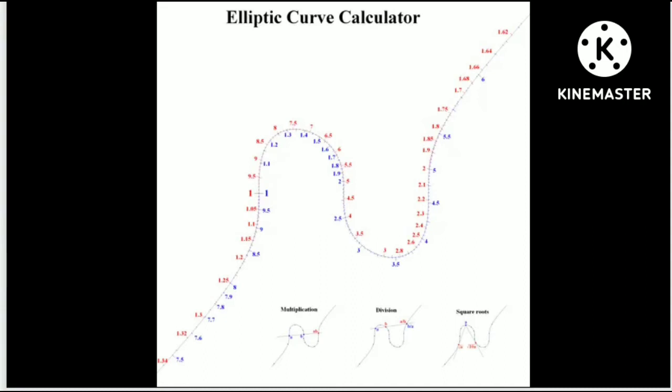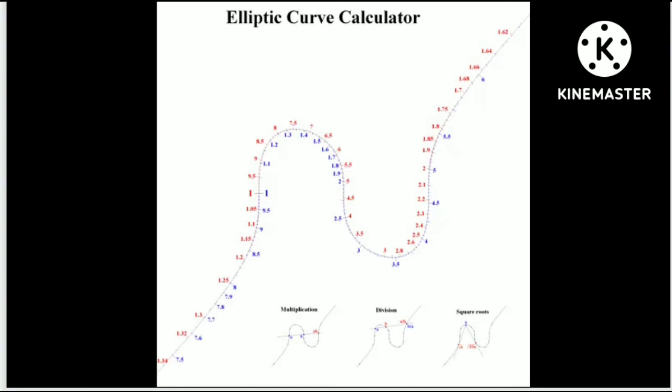Elliptic curve has two scales, red and blue, running in the opposite direction on the elliptic curve. The scales are reciprocal of each other for any point labeled x in red and y in blue.